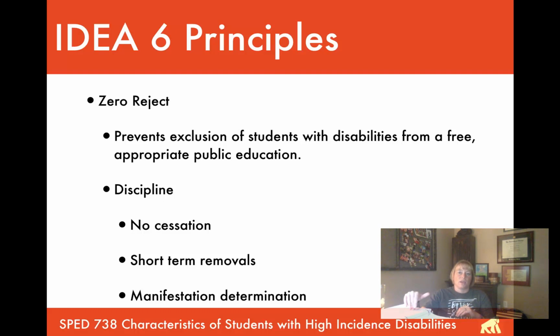We have to consider that. So we have to consider whether the behavior was related to the disability, or whether the school was not implementing the IEP correctly and that contributed to the behavior occurring. This is really important for us to remember as we look at disciplining students.